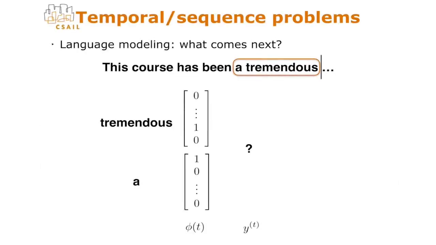So for example, we can here just look back 2 words and translate each of the previous words into a vector and concatenate the 2 vectors into an actual feature vector that we use for prediction. So we can take the word "tremendous", that's the previous word, use a 1-hot encoding of that word, turn that into a very sparse vector with only one 1, and the rest of the entries 0.